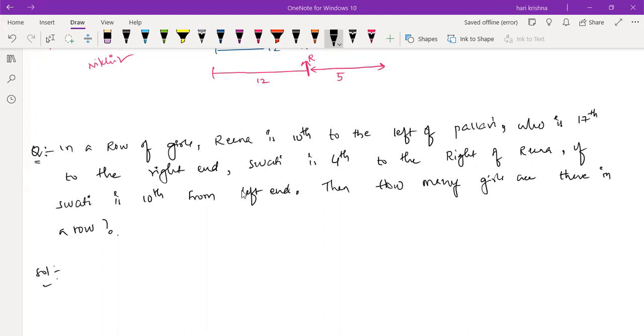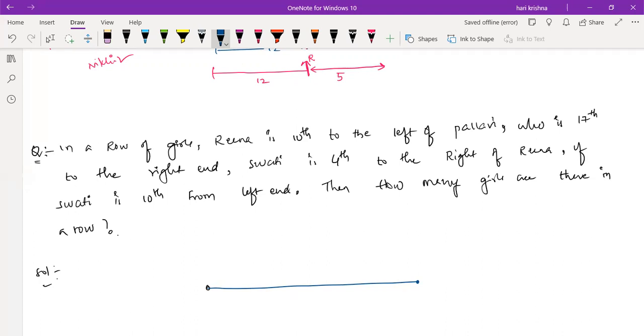Okay, listen here carefully. What is given? Reena is 10th to the left of Pallavi. So we'll draw one line first. In that, Reena is 10th to the left of Pallavi, but Pallavi is 17th to the right hand.